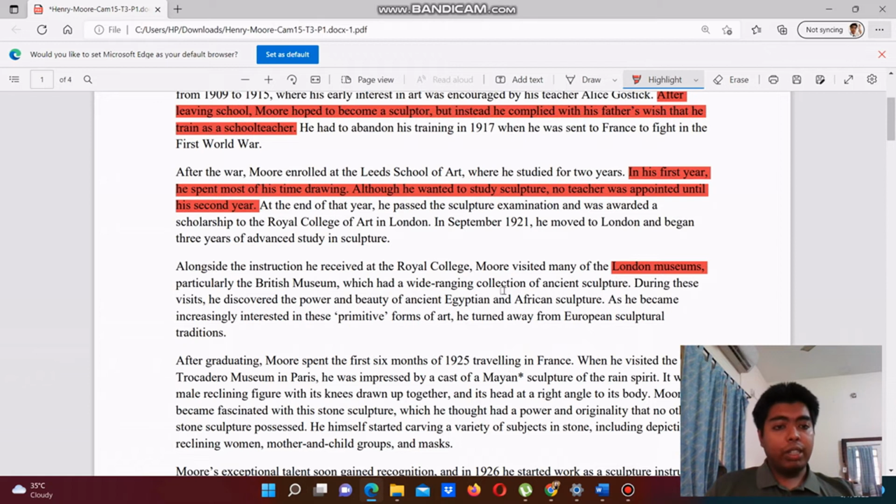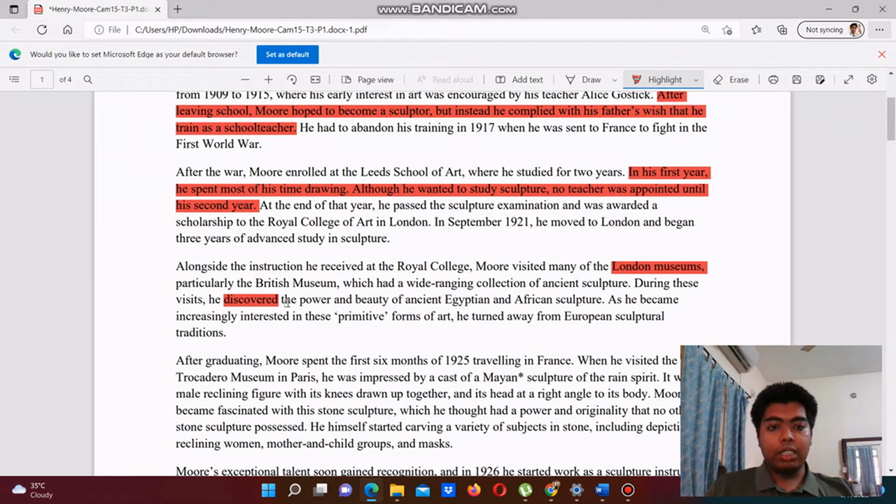During these visits, he discovered. He became aware and discovered, it's a synonym. He became aware of the power and beauty of ancient Egyptian and African culture during these visits.